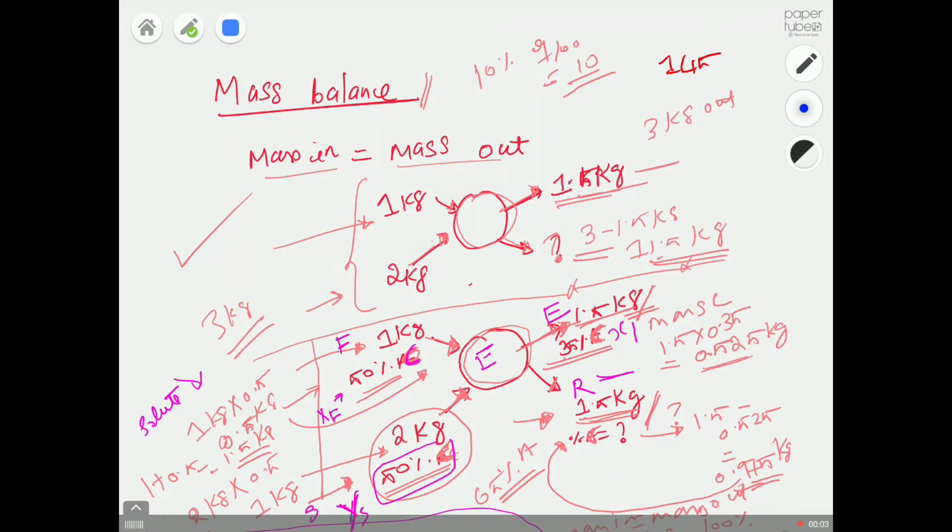I just want to correct a few things. Okay, it's better we name this output stream 1 as raffinate. So instead of E, let's assign the letter R, and then the second stream, let me call this one the extract stream.